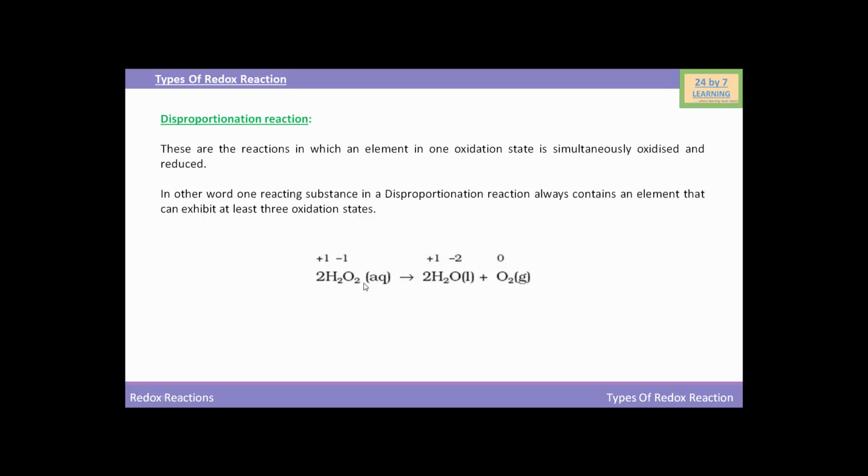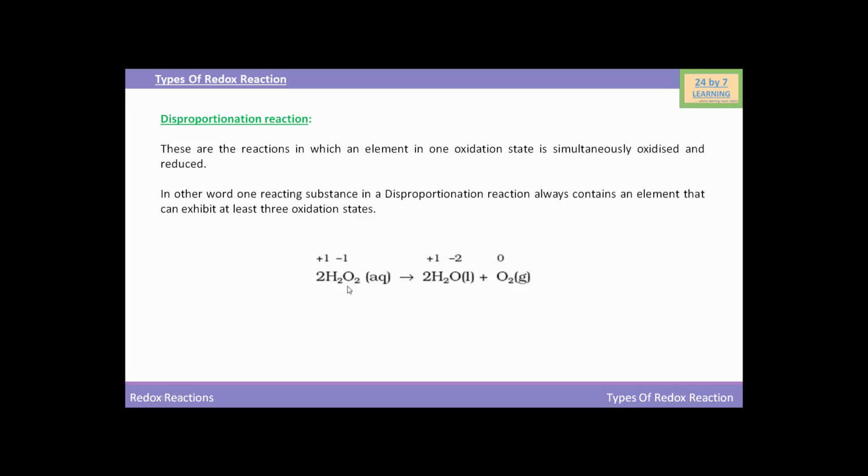You can see H2O2, hydrogen peroxide, decomposes into water and an oxygen molecule, and the oxidation states of oxygen change, so this reaction is an example of a disproportionation reaction. In this reaction oxygen shows 3 oxidation states.